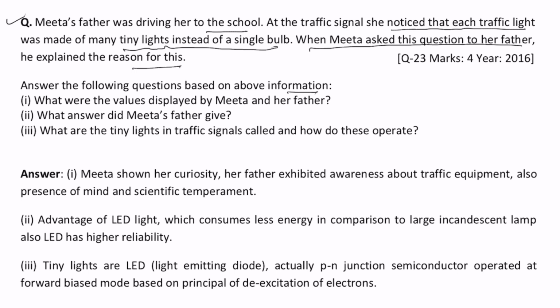Where were the values displayed by Mita and her father? What were the values displayed? What answer did Mita's father give? And what are the small lights in traffic signals called, and how do these operate? So this is a 4 marks question.